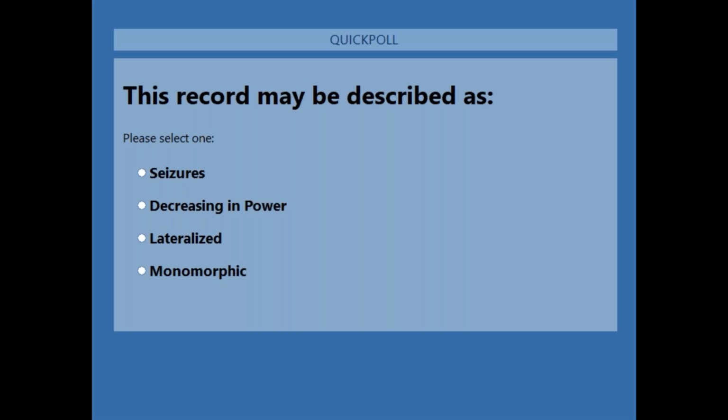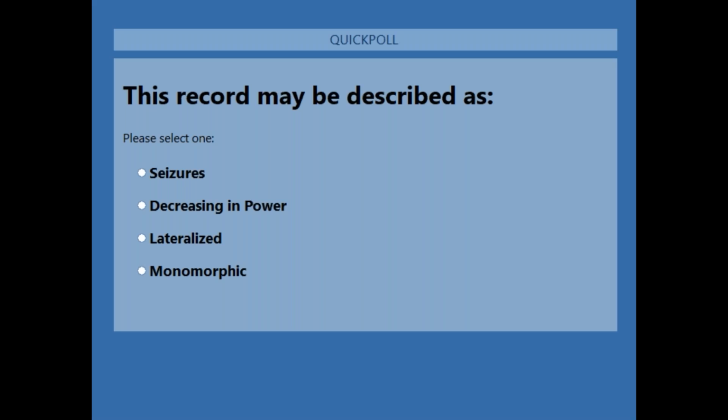Again, that's something that comes with clinical expertise, and we need to see the raw EEG to identify whether they're seizures or not. We really can't tell whether these are lateralized or not because we don't have left and right information on this particular trend. We can't tell if they're monomorphic because none of these trends identify the morphology of the waveforms.